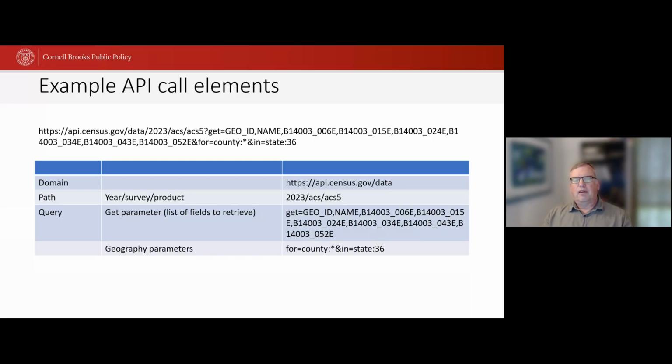The path defines the year and the product you want to get your data from. Then the query is a combination of keys and values: the get parameter, the list of variables you want, and then a couple of geography parameters.